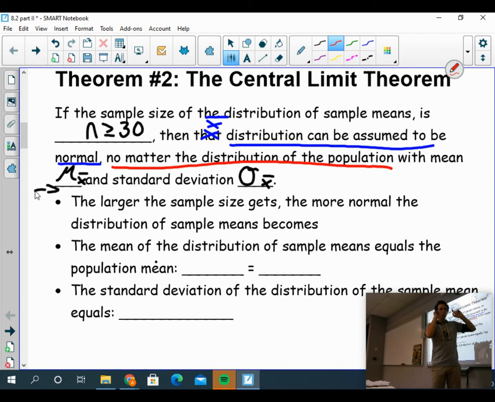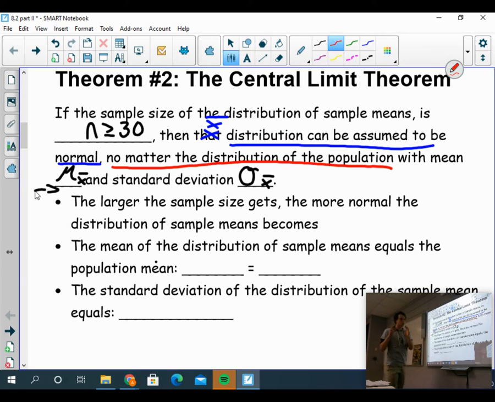We don't know anything about all the fish in the pond. That doesn't mean all the fish in the pond have a normal distribution, unless we're told that. But if each kid caught more than 30 fish, the distribution of those 100 sample means would be normal. That's the central limit theorem.